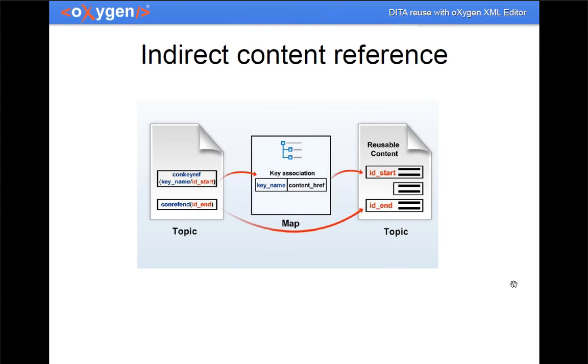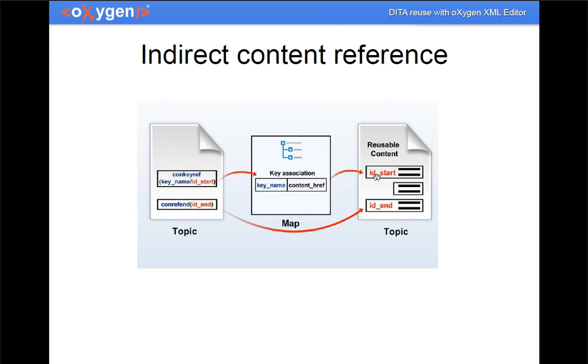So this kind of content reference differs from the original ones by the fact that, again, you're not directly specifying the target topic, but you specify a key name, and in the context of the map that key name will be resolved to the actual target topic.